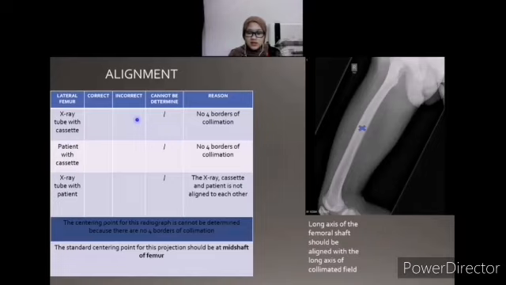The long axis of the femoral shaft should be aligned with the long axis of the collimated field. The centering point for this radiograph cannot be determined because there are no four borders of collimation. The standard centering point for this projection should be at the midshaft of femur, here.